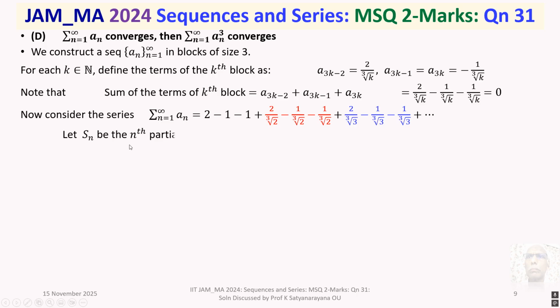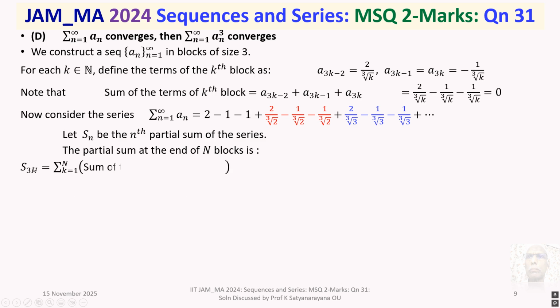Let Sn be the nth partial sum of the series, because we want to test its convergence or divergence. The partial sum at the end of capital N blocks is S3N, since each block consists of 3 elements and we are considering capital N blocks.